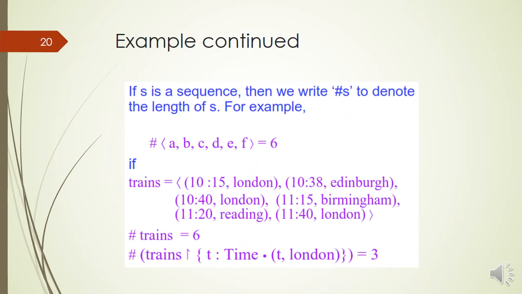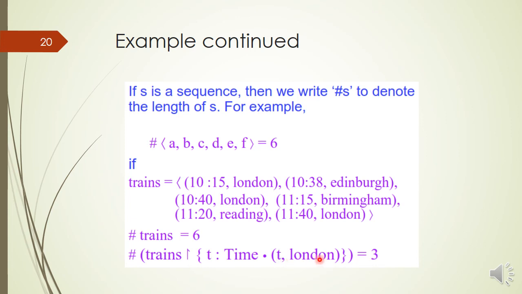Students, if we want to know how many trains are going to London, then we can apply the cardinality operator to the subsequence for the trains to London. Then you can see that there are three trains which are going to London.